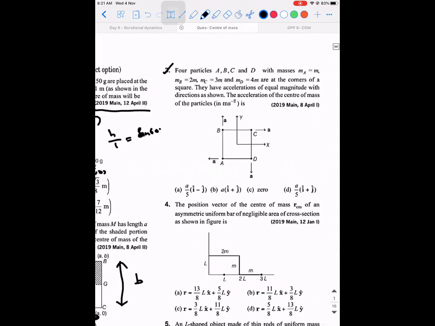So third one. Four particles A, B, C, D with masses MA is equal to M, MB is equal to 2M, MC is equal to 3M, and MD is equal to 4M at the corners of a square. They have accelerations of equal magnitude with directions as shown. The acceleration of the center of mass of the system is?